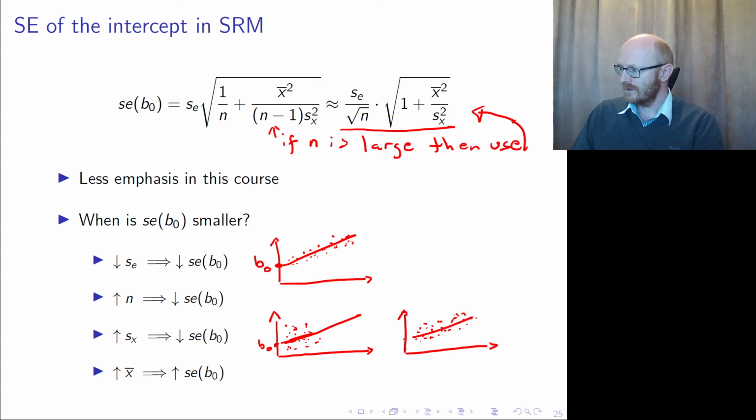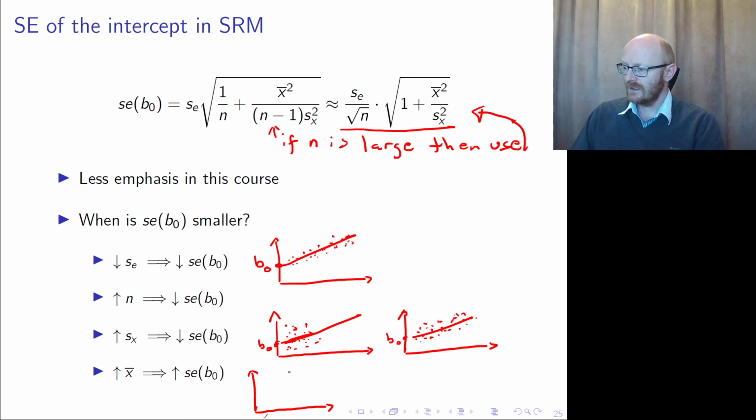And you get a regression line, which is similar to the interpretation of the effect of standard deviation of x on the slope, but here you have a term with the average value of x. If this is higher, then the standard error of the intercept is also higher.